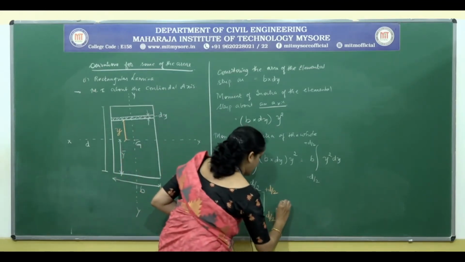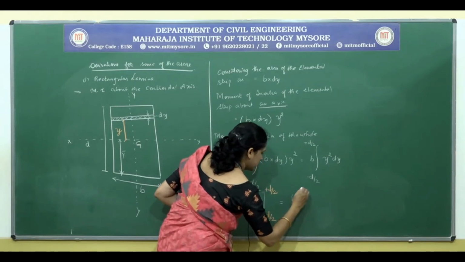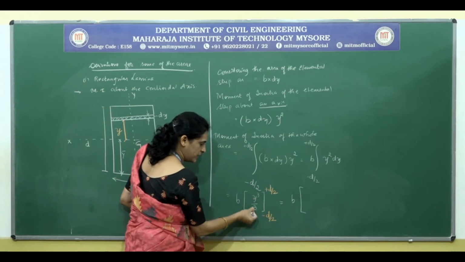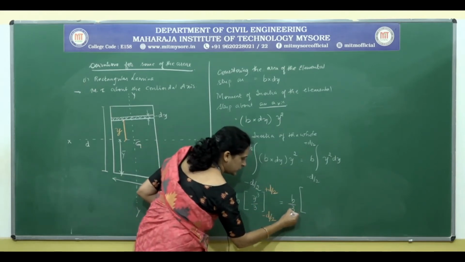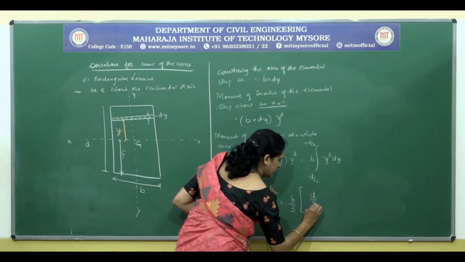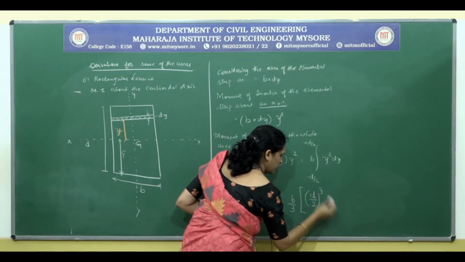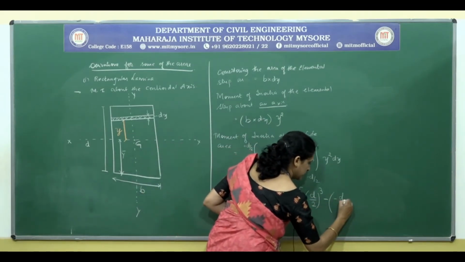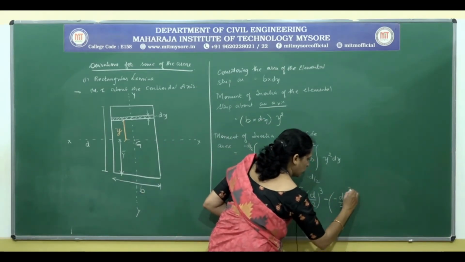Further, taking the 3 out, y cube means d by 2 whole cube minus minus d by 2 whole cube.